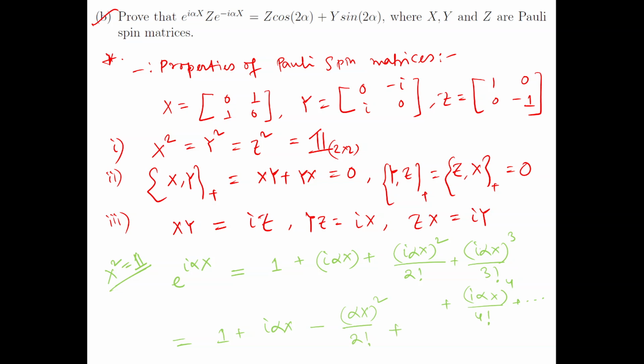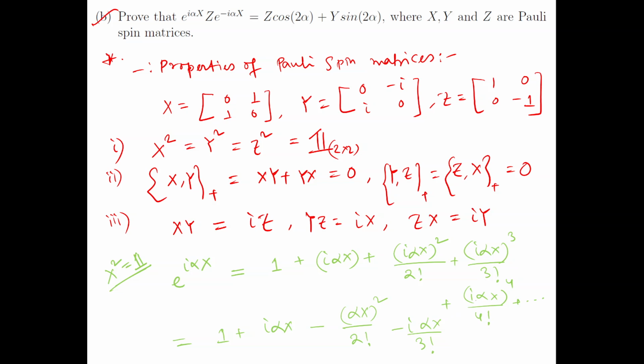Then here i square is minus 1, and you will be left with another minus i, so this is minus i alpha x cube divided by 3 factorial.